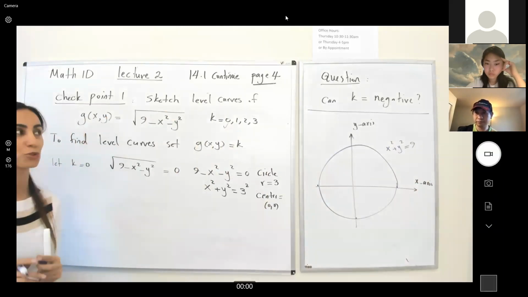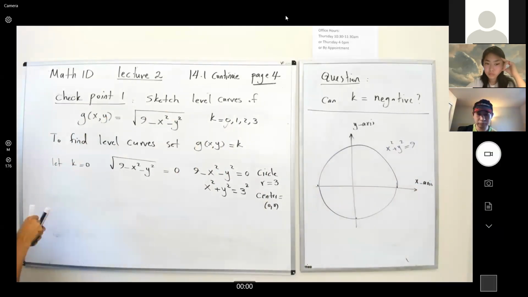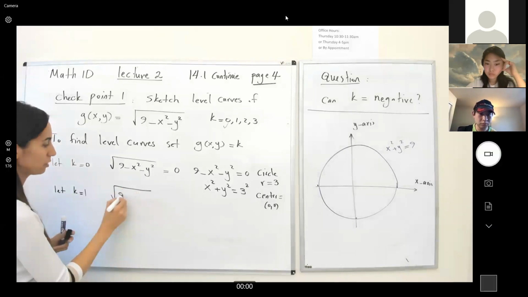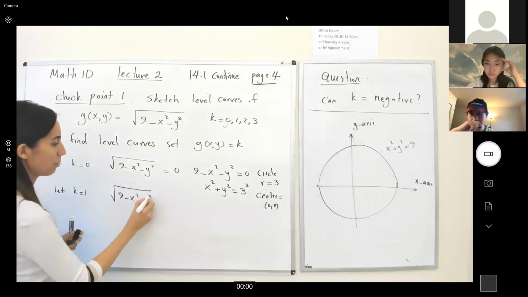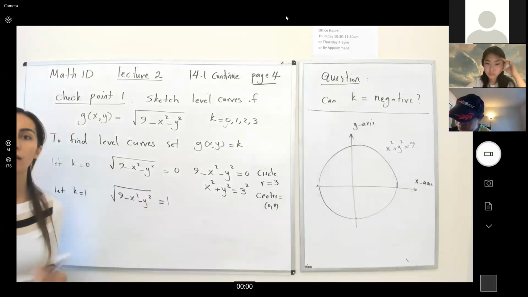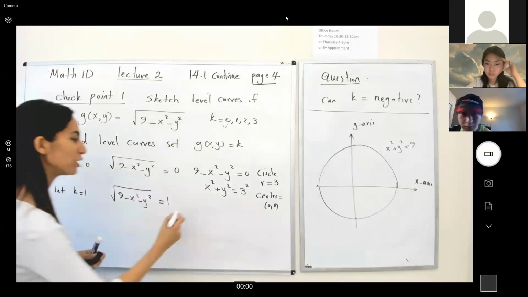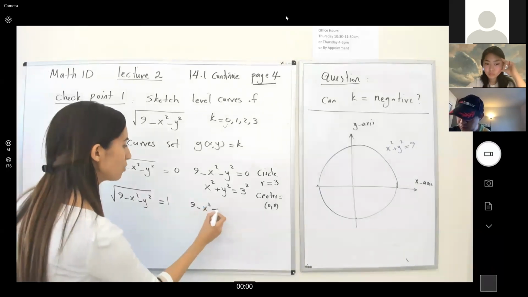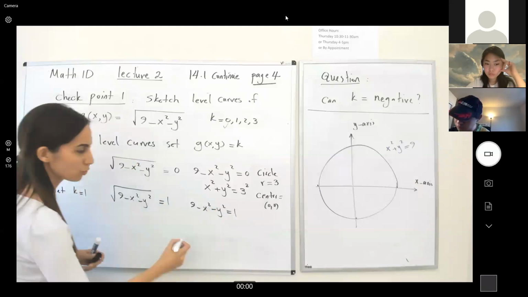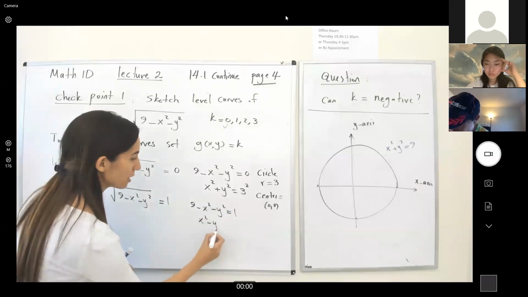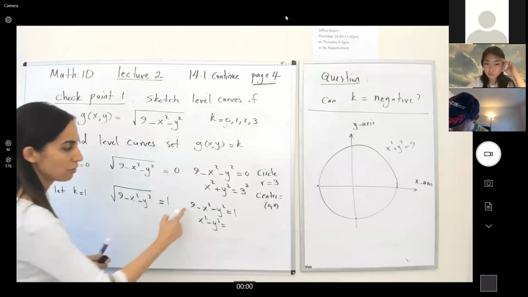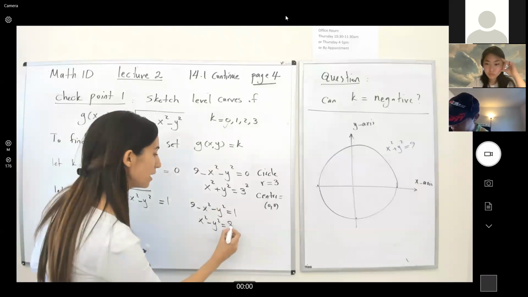What about k equals 1? Let k be 1. So you have square root of 9 minus x squared minus y squared equals 1. Raise both sides to the second power. You get 9 minus x squared minus y squared equals 1, or x squared plus y squared is equal to 9 minus 1, which is 8.